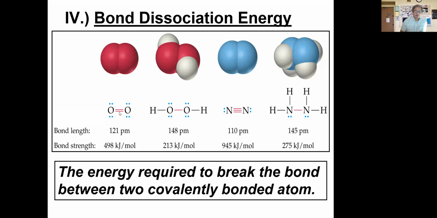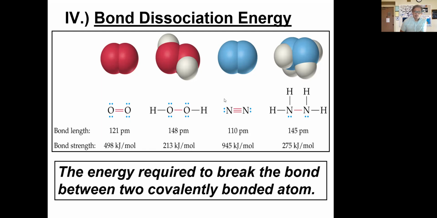It takes about 498 kilojoules per mole of energy to break this double bond, and only a little more than half of that to break this single bond, which makes a little bit of sense. You have twice as much bonding here as here. The bond energy is not twice as much, but you have more bonds to break, so it takes more energy.